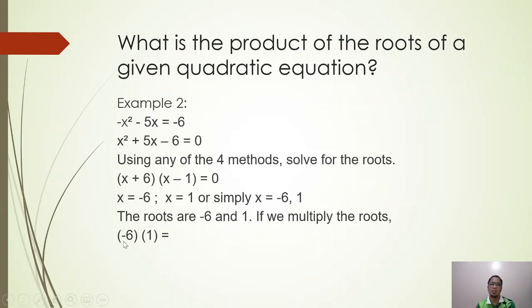In this case, negative 6 times 1, the answer will be negative 6. If we are asked what is the product of the roots of this quadratic equation, this will be your final answer.